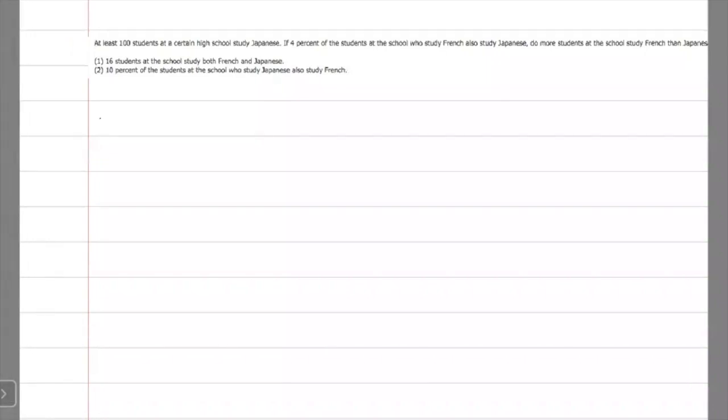So first of all, we want to figure out if we have more French than Japanese. So notice how you're not looking for an actual number. We're just trying to answer if one is greater than the other. So we want to know, is F bigger than Japanese? Which you could also think of as, is French over Japanese bigger than 1?